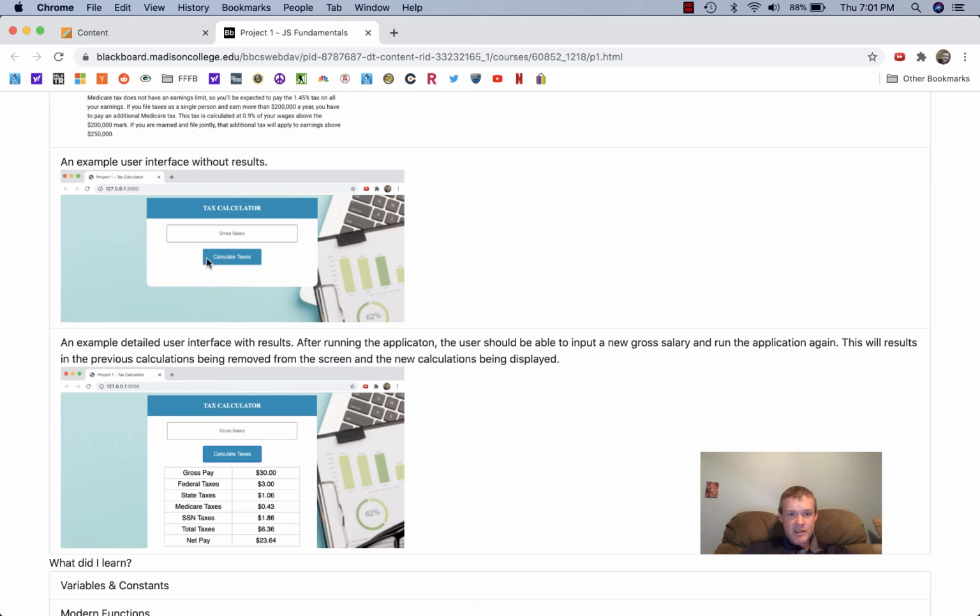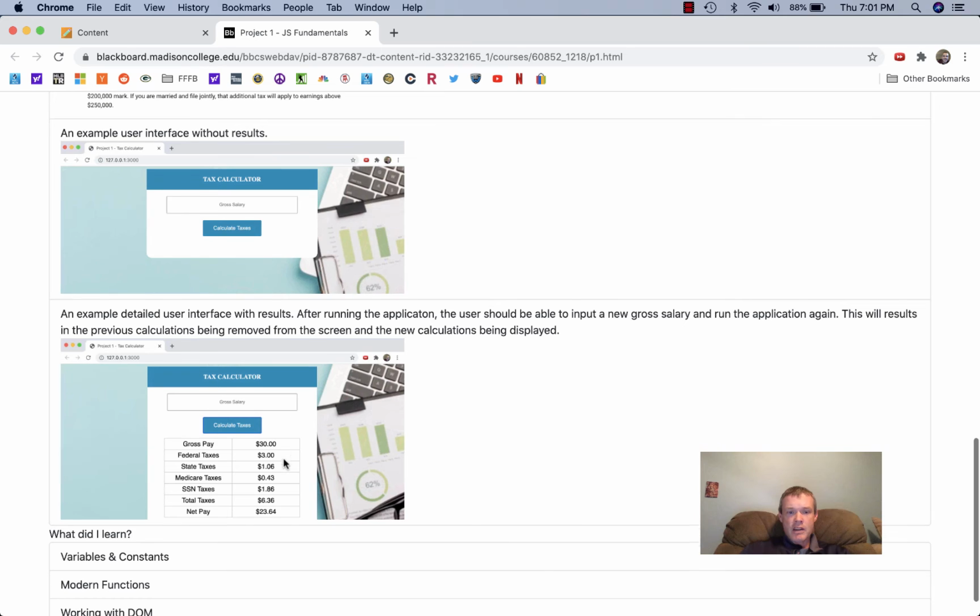So here's the loading screen. And then once you've loaded the screen, you should be able to calculate the taxes. So your gross pay entered was $30. You pay a 10% federal tax. I can't remember what the state tax is, but it comes out to $1.06. Then Medicare, Social Security, a total, and based on that total, you have a net pay. So project 1 is this tax calculator.